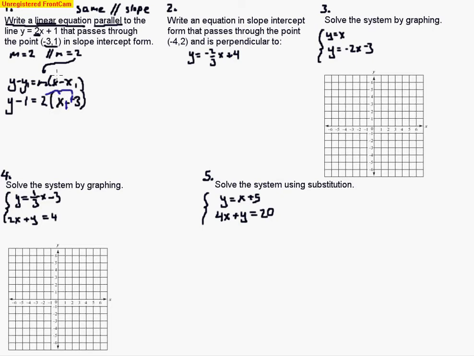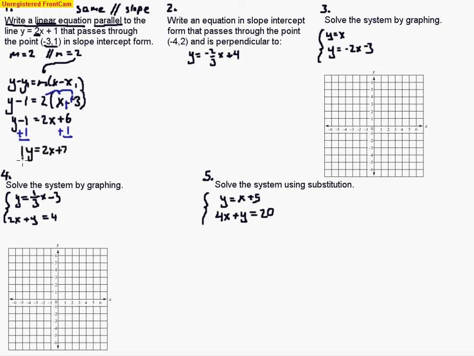So here we have y minus 1 equals 2x plus 6. From there, all we have to do is one step, and we've got our equation in slope-intercept form. We add 1 to both sides, and we've got it. So y equals 2x plus 7.